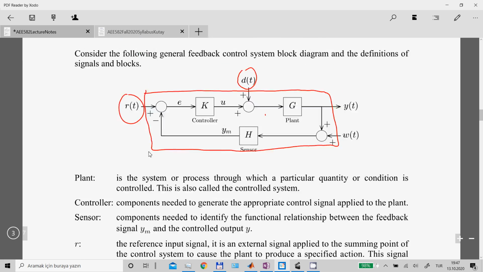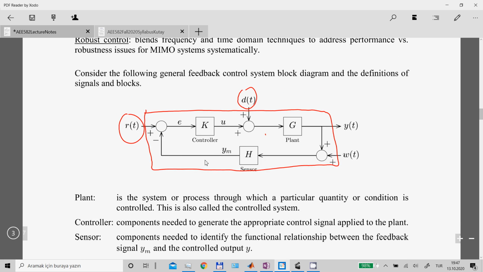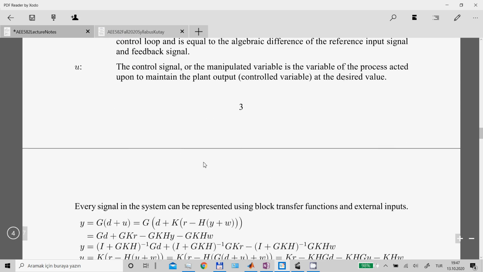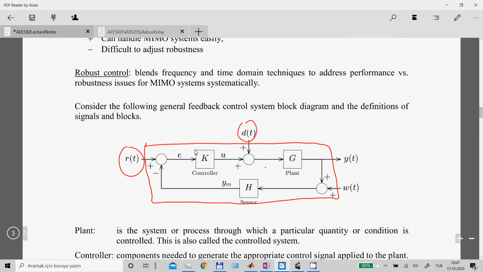And the output of the sensor block, we can call this Ym, the measured output. Okay, so this is a basic generic block diagram that you can find in many control systems.